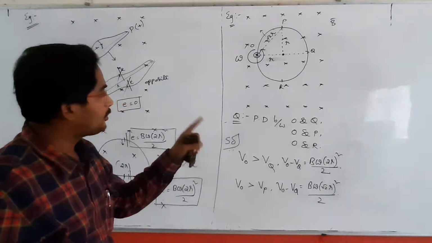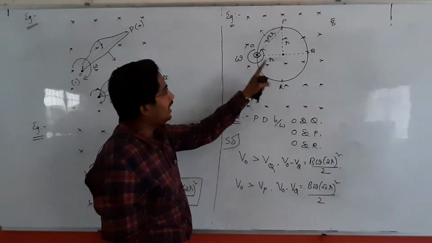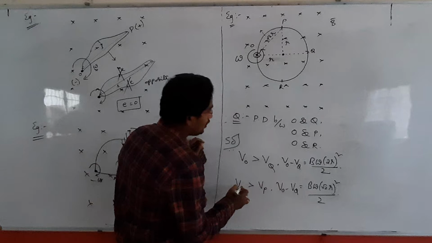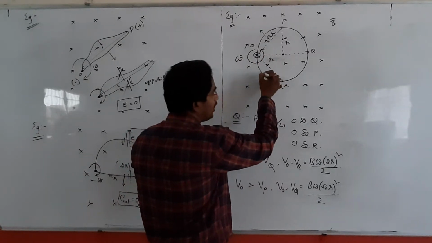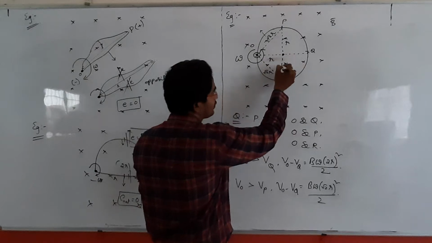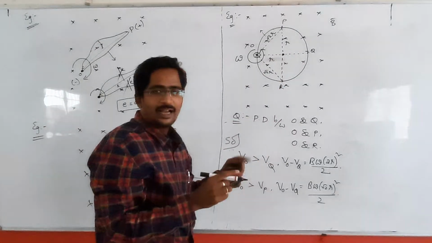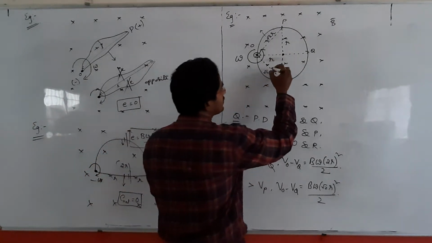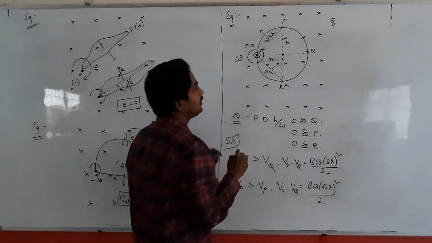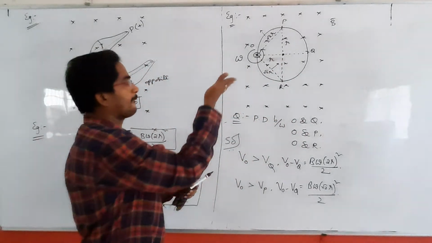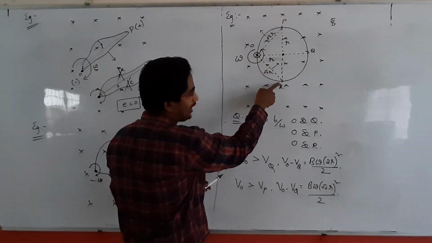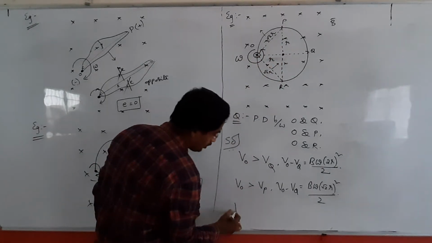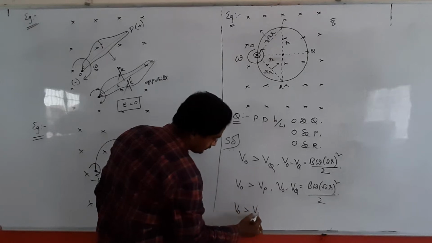Next, what about the potential difference between O and R? Actually, the effective distance again here is also root 2 r. Now this rod is moving this way effectively. Then O is at high potential, R at low potential. By that, VO is greater than VR.